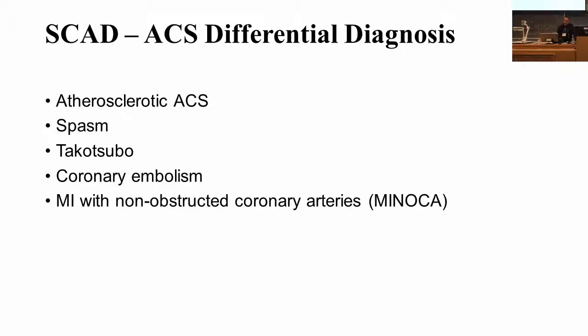So when people think about SCAD, they're not sure what it is. There are differential diagnoses. It could be atherosclerotic disease, it could be spasm, it could be takotsubo, could be embolism, could be other things. And so is it reasonable to think about doing intracoronary imaging to help you?